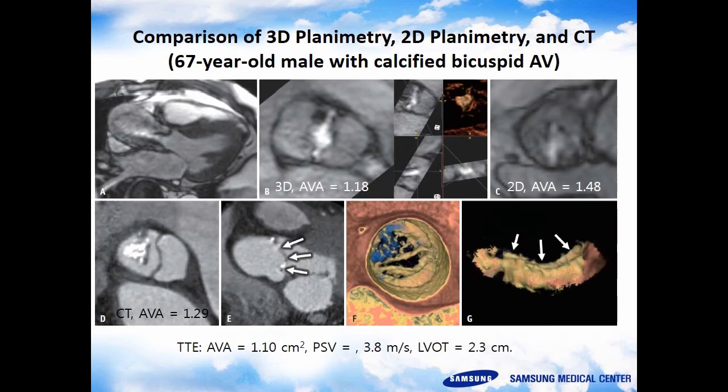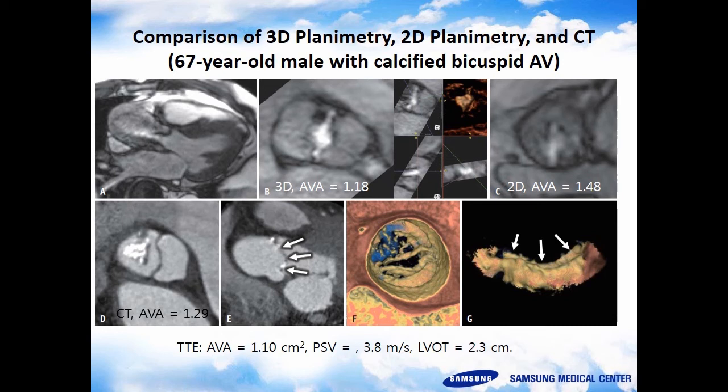In this case, there was moderate stenosis on transthoracic echocardiography with an AVA of 1.10 centimeters squared. The echocardiographic window was rather poor in this study. The AVA measured with 3D planimetry was 1.18 centimeters squared. The AVA measured with 2D planimetry was 1.48 centimeters squared.